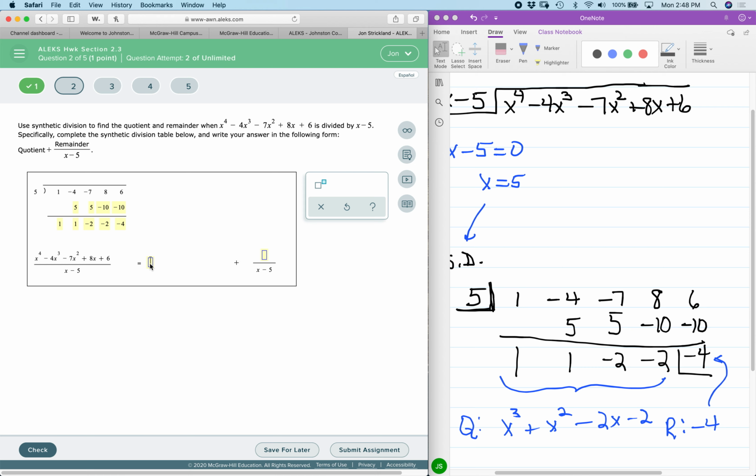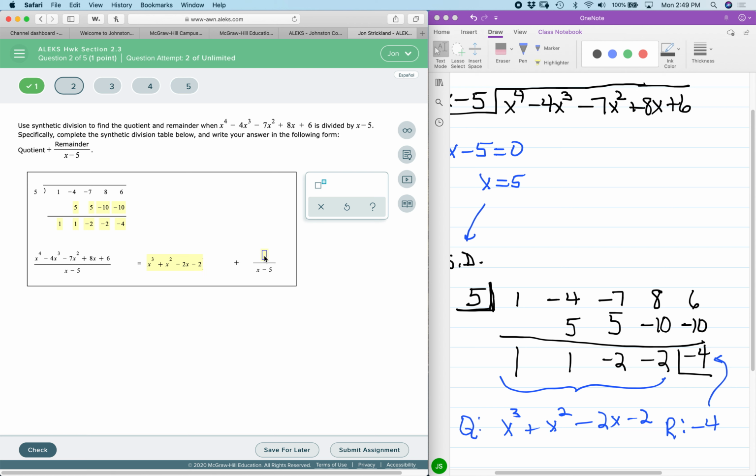Now for that little space that we have here, for the quotient, this is going to be x to the 3rd. That little box is going to have all these characters. So we have x to the 3rd plus x squared minus 2x minus 2.